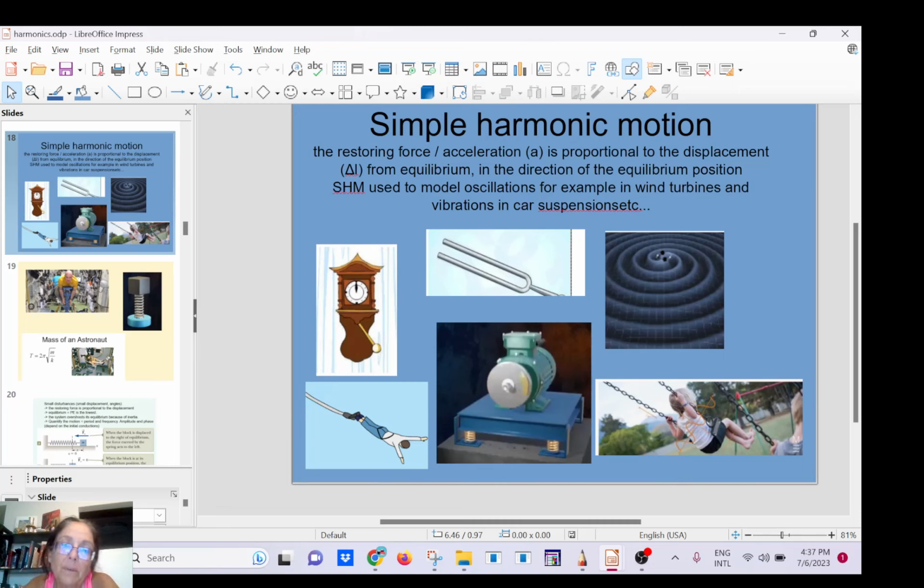But let's start simple. So each time you have an object that is elastic, then it can oscillate. If you can have the restoring force, like we have seen just before, which is proportional to the displacement from equilibrium.